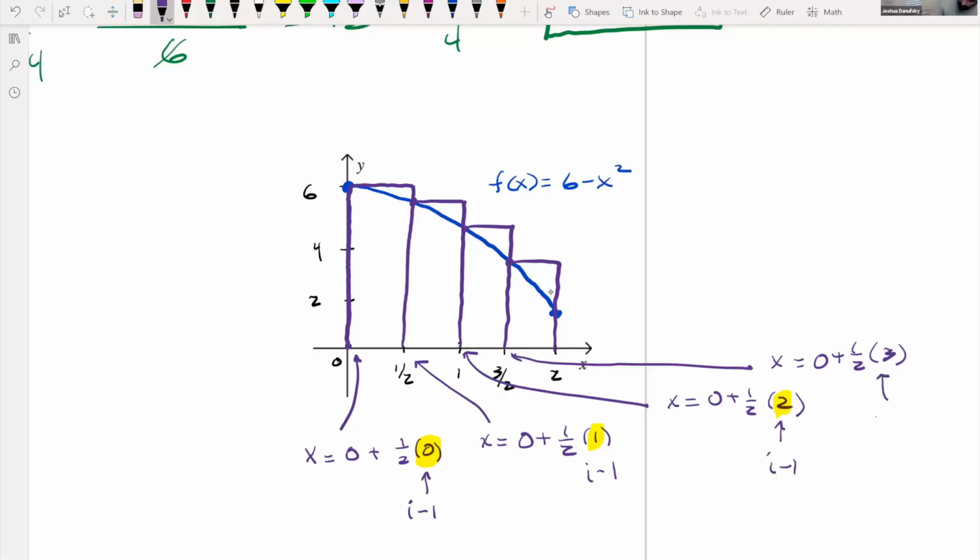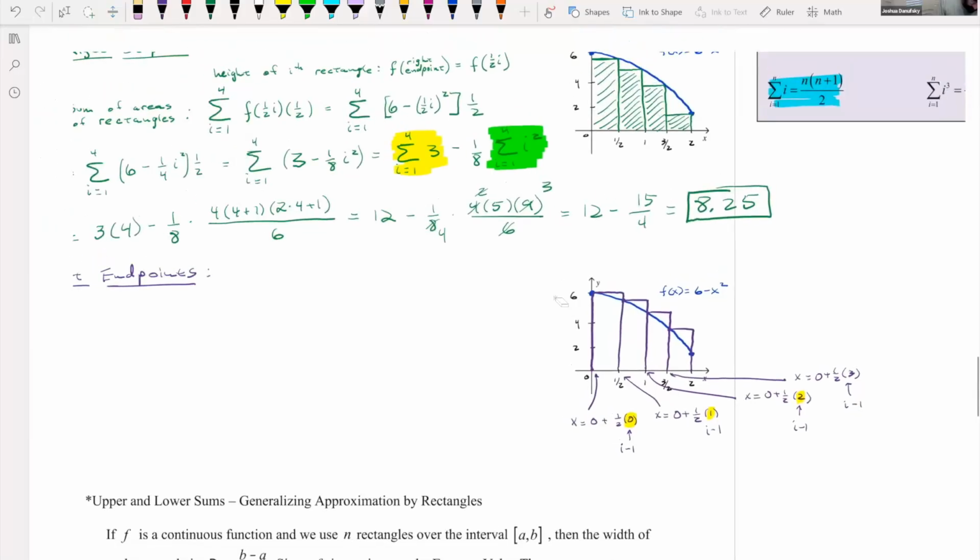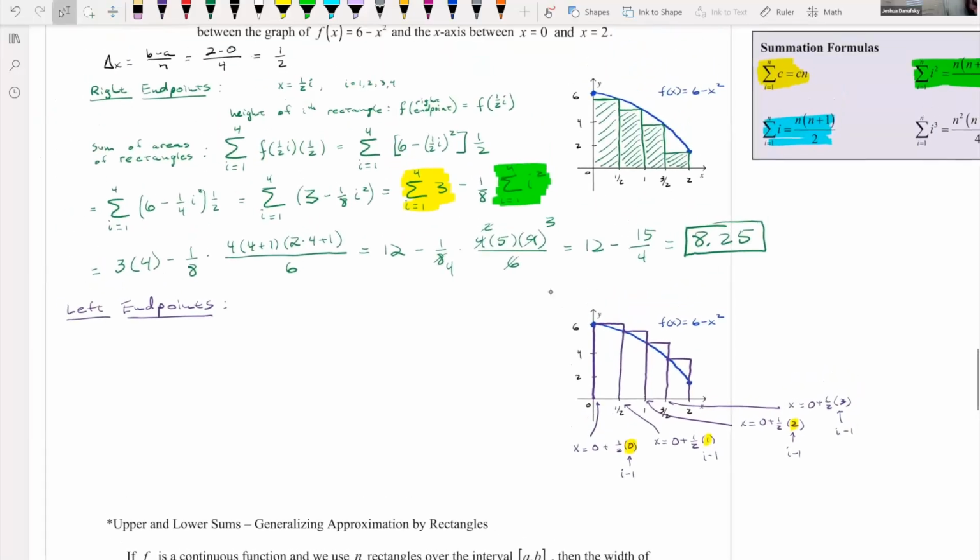So each one of these is an I minus 1, right? The fourth rectangle is what we have here, and we get it by taking 1/2 times 3, which is 1 less than 4. So the way we write that in general is we're going to have our left endpoints at x equals 0, right? That's starting at 0, and then add on to that 1/2 times I minus 1, where I equals 1, 2, 3, 4.